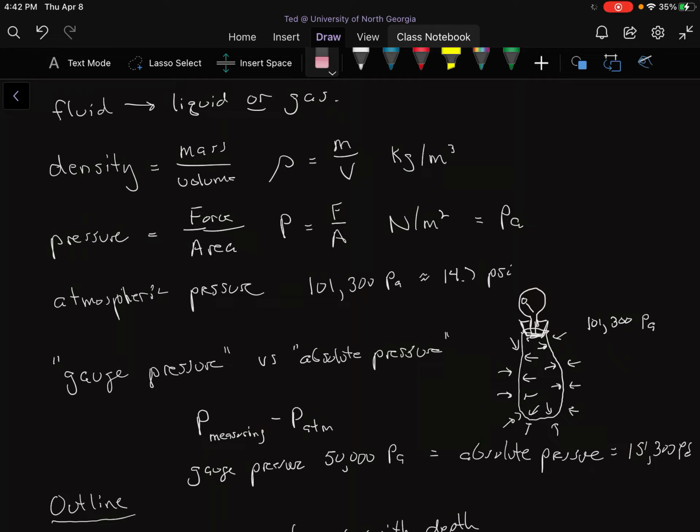If you are measuring pressures, you typically measure in pounds per square inch, but that's not the physics unit. The physics unit is pascals, and so that's newtons per meter squared. And you can imagine actually a pascal is a very low pressure. 1 newton of force is like an apple. 1 meter squared is a pretty large area, and if you spread out the force of one apple over an entire meter squared of area, you can imagine that's a very small pressure.